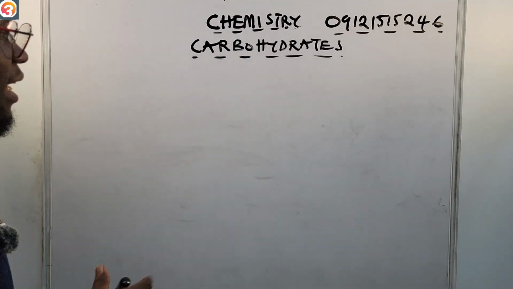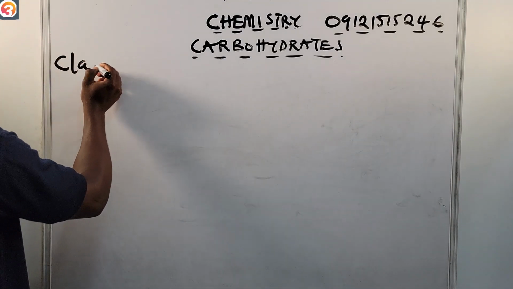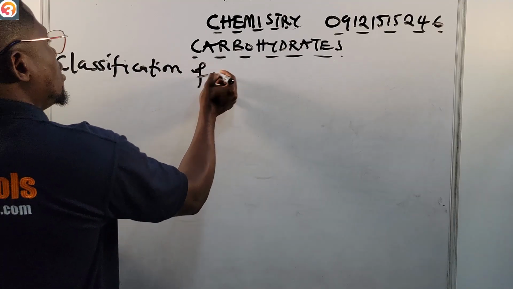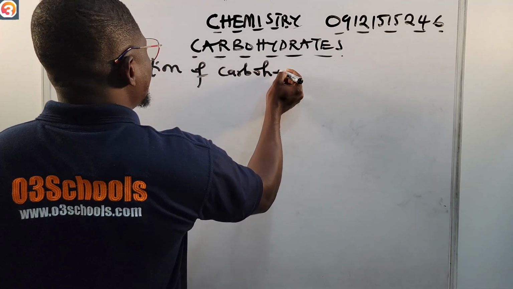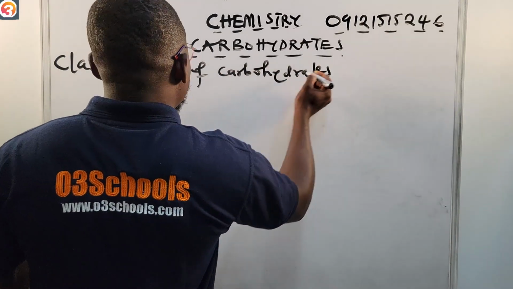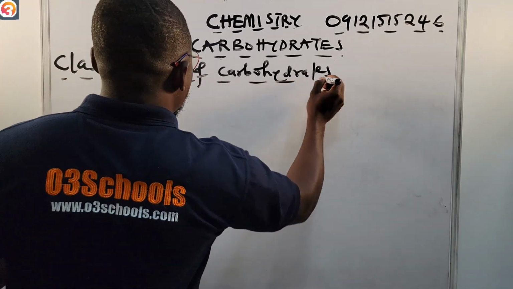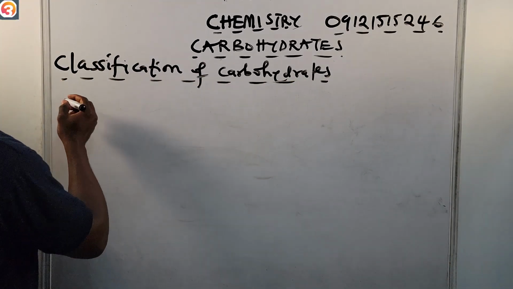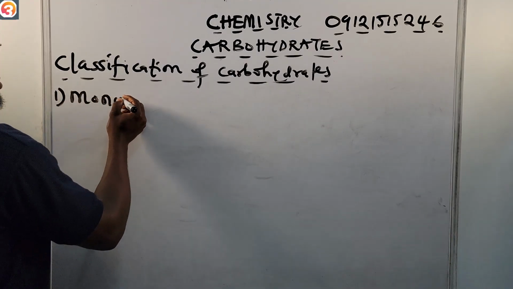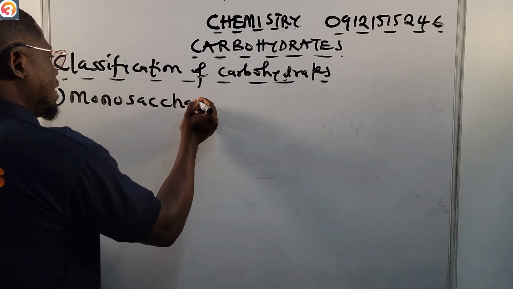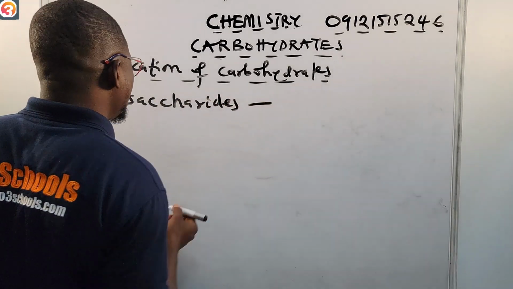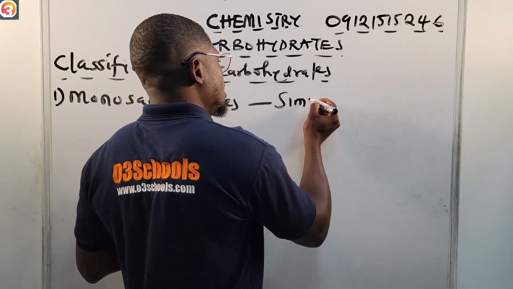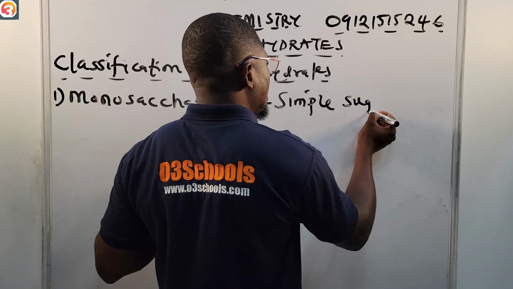So we're talking about the classification of carbohydrates, and the first class we're going to discuss is called the monosaccharides, known as simple sugars.